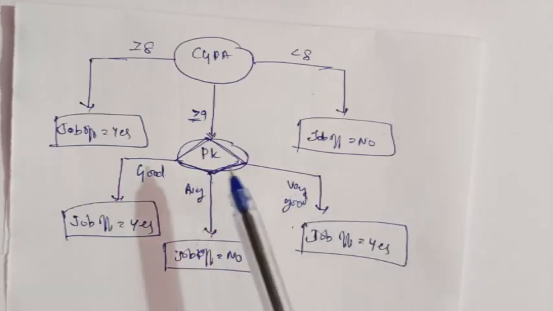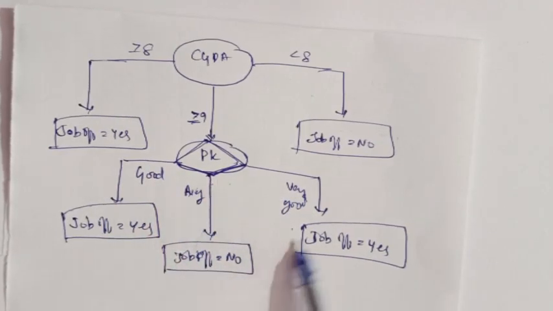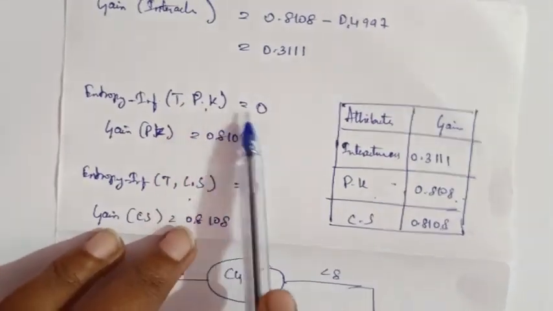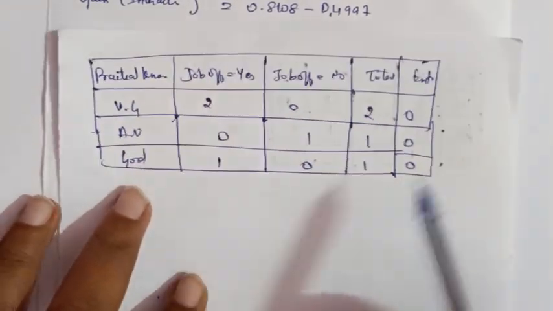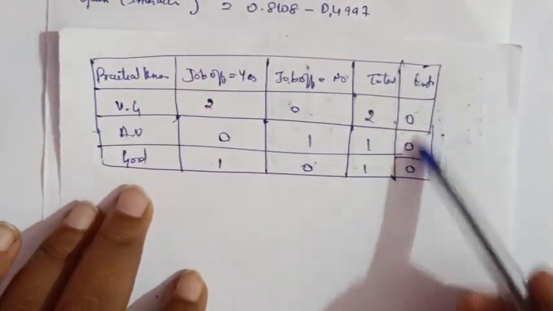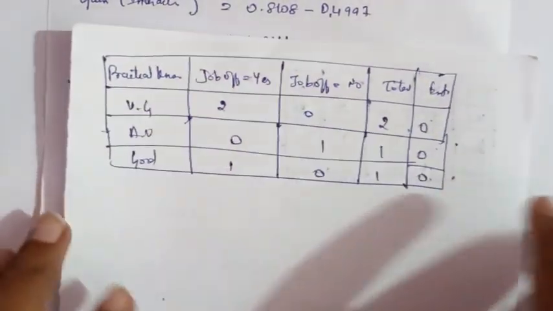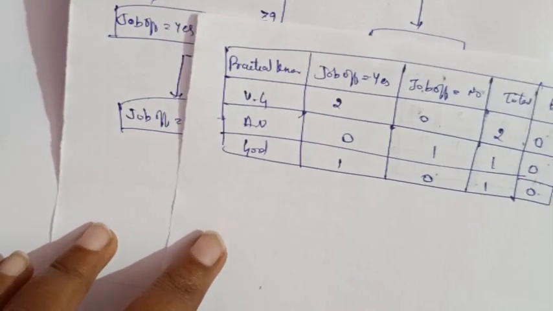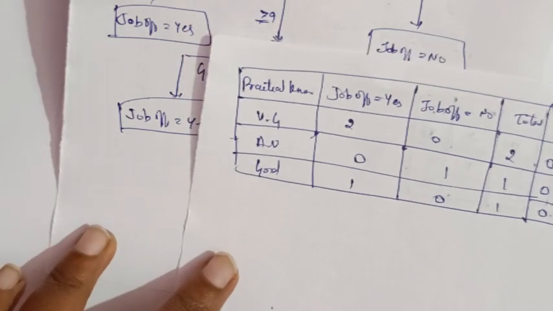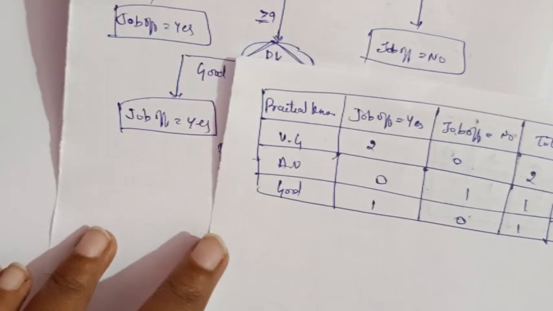Let me tell you how I constructed this tree. While calculating the entropy for practical knowledge, we have to take this table, right? In this table you can see that the entropy of each instance we got as 0. That means this decision tree will end here, because we have got the entropy value as 0. When we get the values as 0, we have to stop the construction of the decision tree.